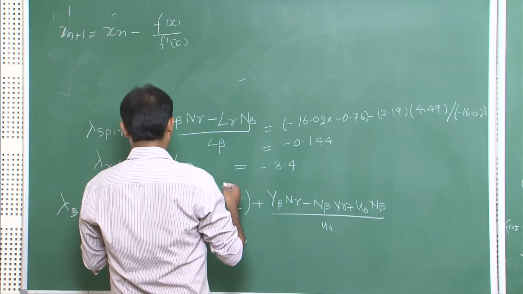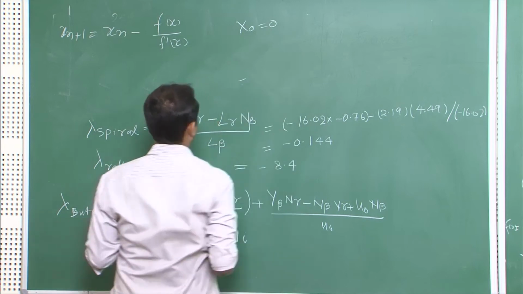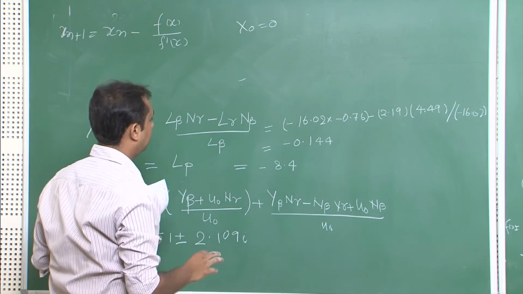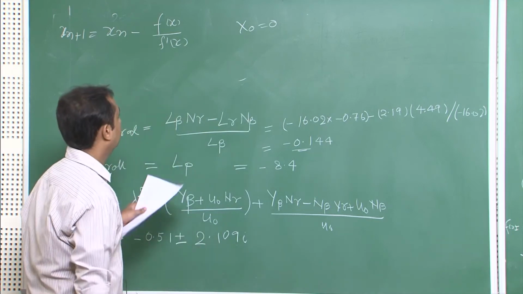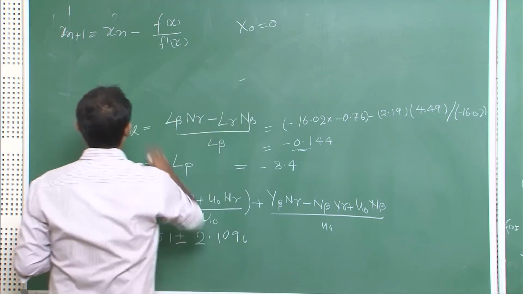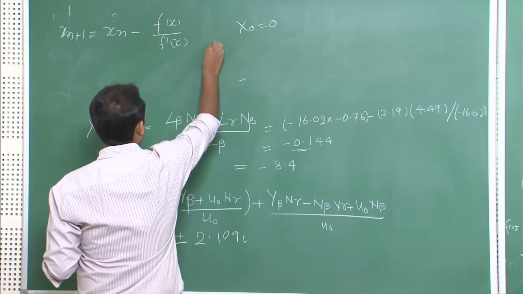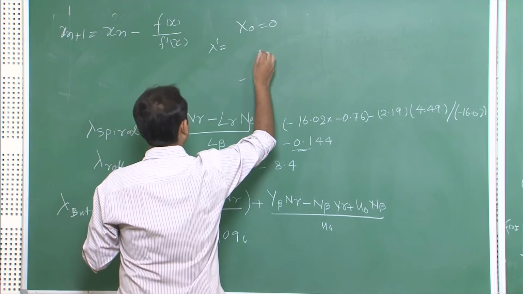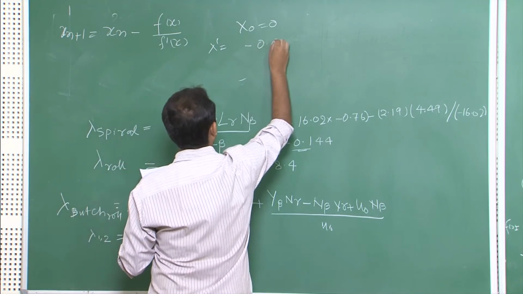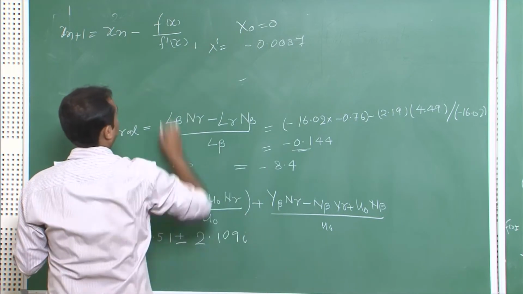So let me put x naught equals 0. Since my first root is very close to 0, substituting this value in this function, f(x) and f'(x), my value of x' will be minus 0.0087. This is the first iteration.